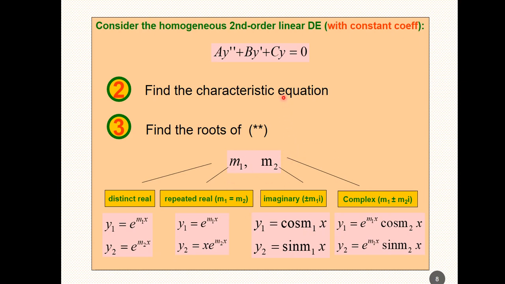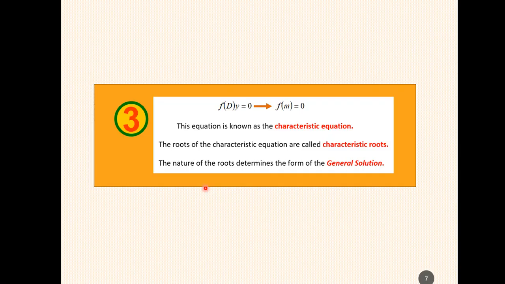But what is this characteristic equation? So I will go back here. The function in terms of the operator D will be changed to an f of m. You just simply replace the D by m and then equate such expression to 0. The f of m equal to 0 here is said to be the characteristic equation.